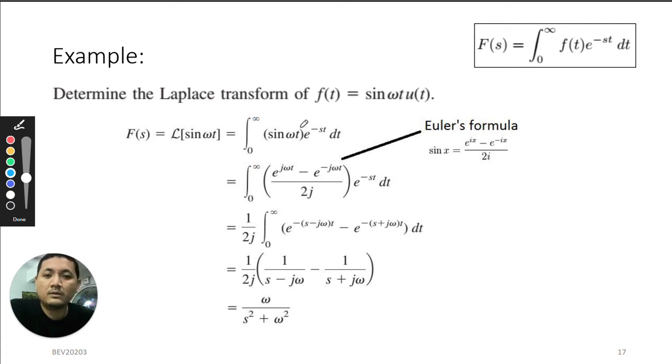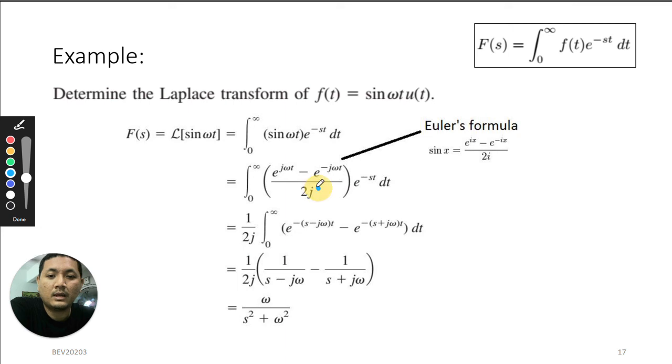In order to solve this, we have to change it into exponential form, for which we can refer to Euler's formula: sine x equals exponential ix minus exponential negative ix, over 2i. We can transform this into exponential form, so we get this.